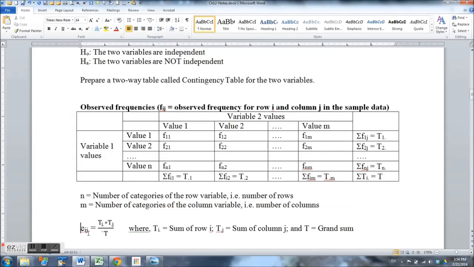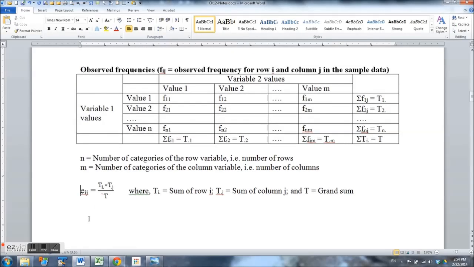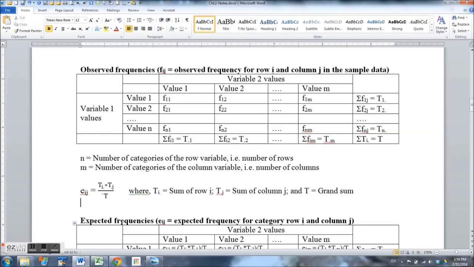E sub ij represents the expected frequency of row i and column j. You take the row total T sub i dot, multiply by the corresponding column total T dot j, and then divide by the grand total. That gives us the expected frequency for each possible value.